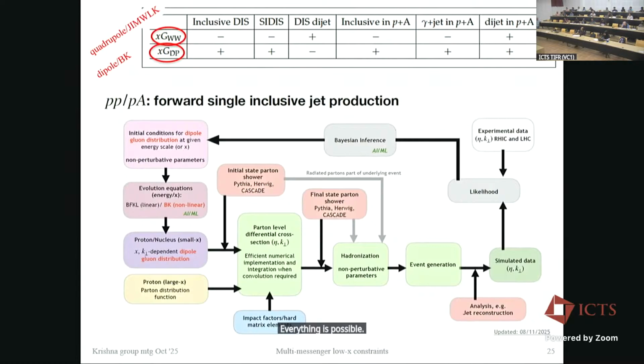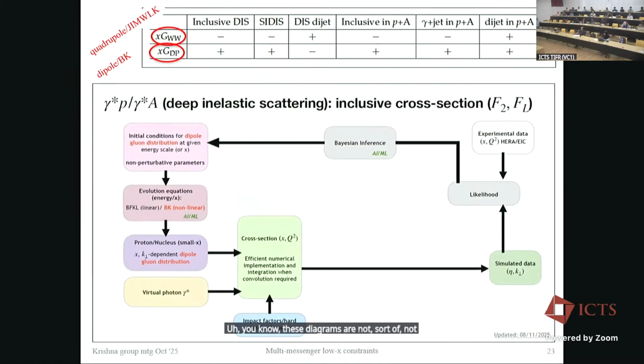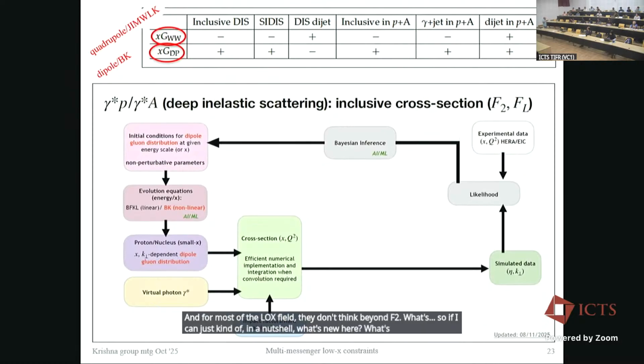This is how far we've gotten. We spent a lot of time, these diagrams are not accidental. If you go through, F2 is an obvious one. And for most of the low x field, they don't think beyond F2. So if I can put it in a nutshell, what's new here is bringing in forward measurements in hadronic collisions.